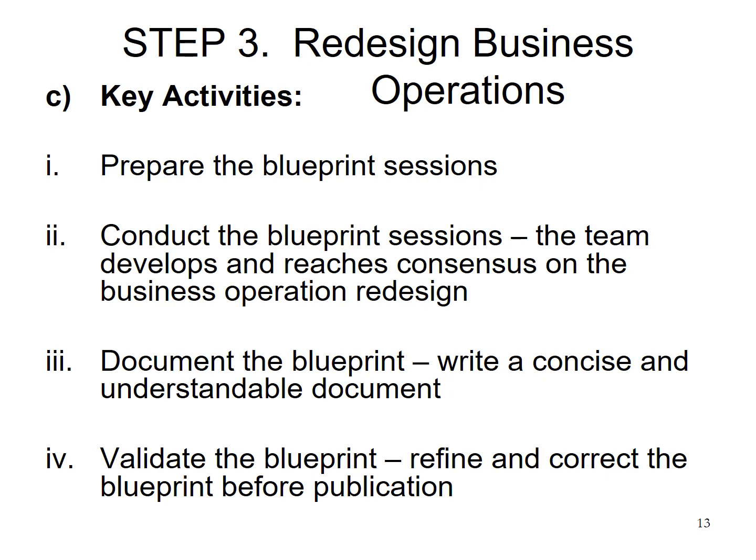But here we have to create the blueprints. So there are 4 here, but for creating vision, values and goals, we have 5 key activities. For redesign business operations, we have 4 key activities.